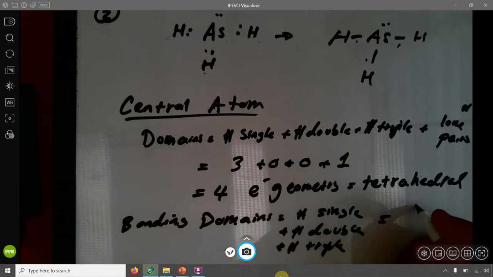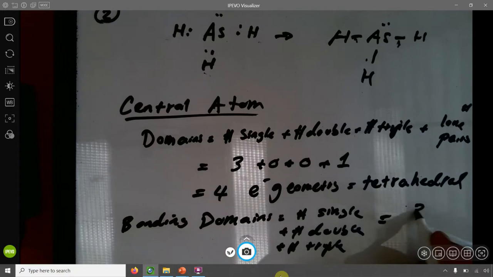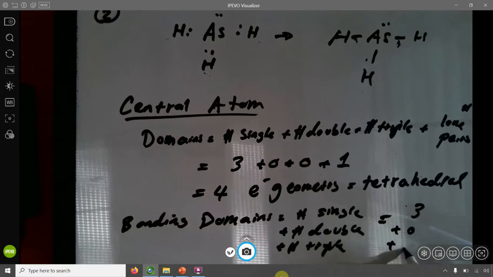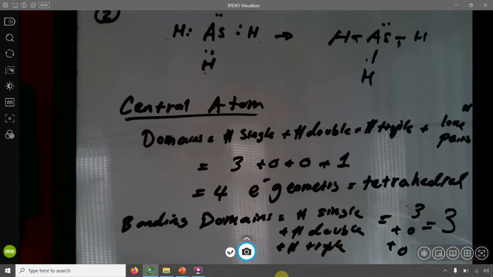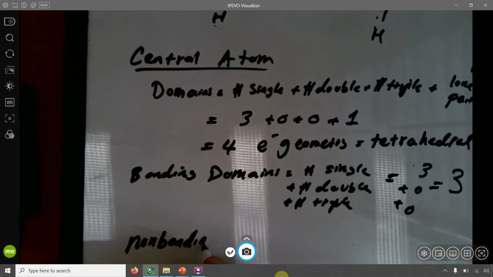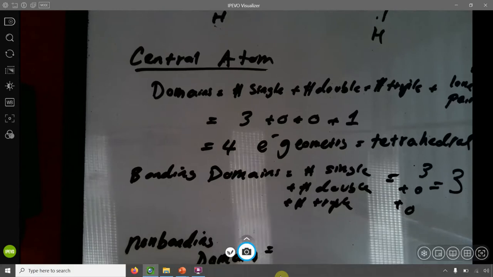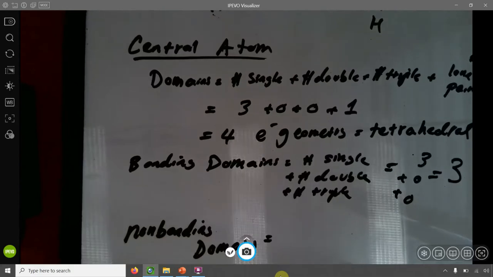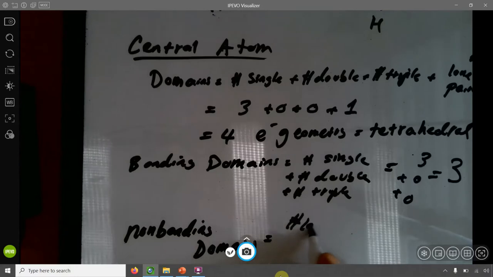So I have 1, 2, 3 single bonds plus 0 plus 0. So this is 3. And then I have non-bonding domains. This is pretty silly, it's basically just counting, isn't it, once you do the Lewis dot diagram. So the non-bonding domains are just the number of lone pairs.